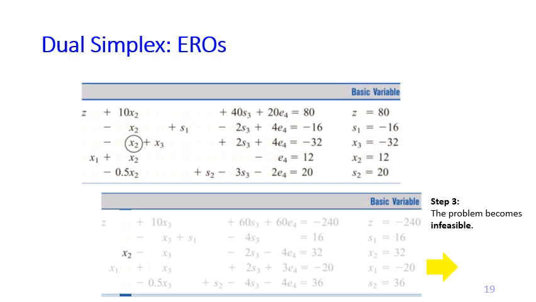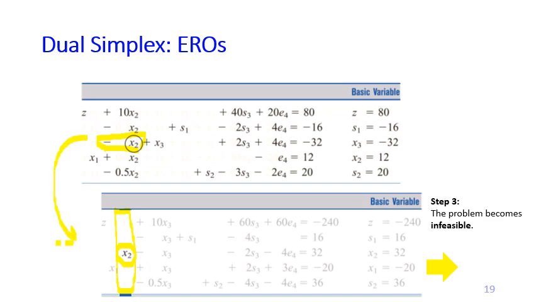Again, because we only have one variable in the pivot row that has the ratio, so x2 becomes the entering variable, and this position becomes the pivot. So in the new table, that position must have the coefficient of plus 1, and all other variables must have the coefficient 0. We perform row operations to achieve that.